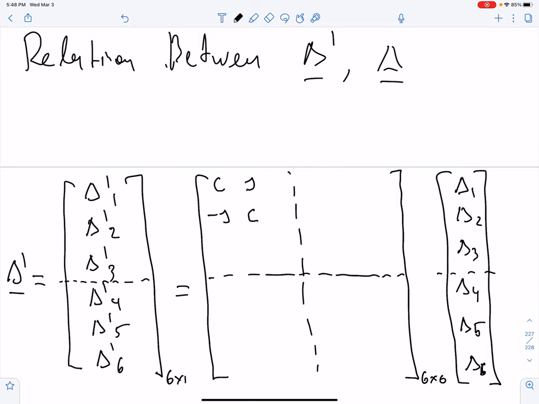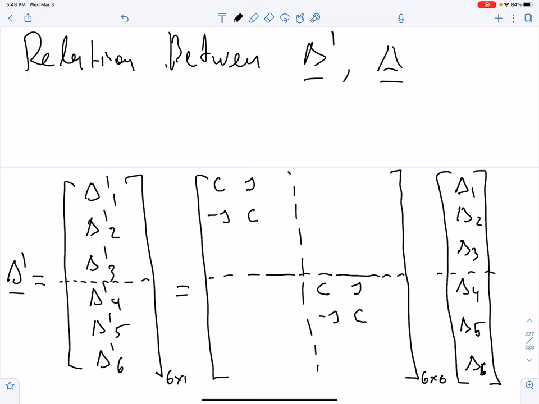I go to node J, and I have the same relationship between the displacements in the two coordinate systems, delta 4 and 5. So I write cosine, sine, minus sine, and cosine.